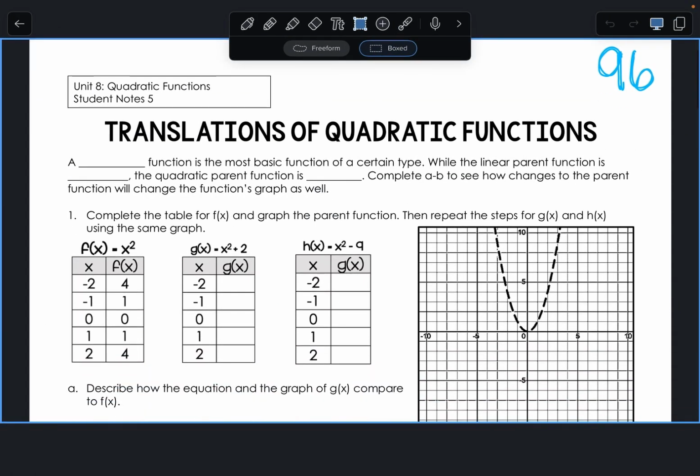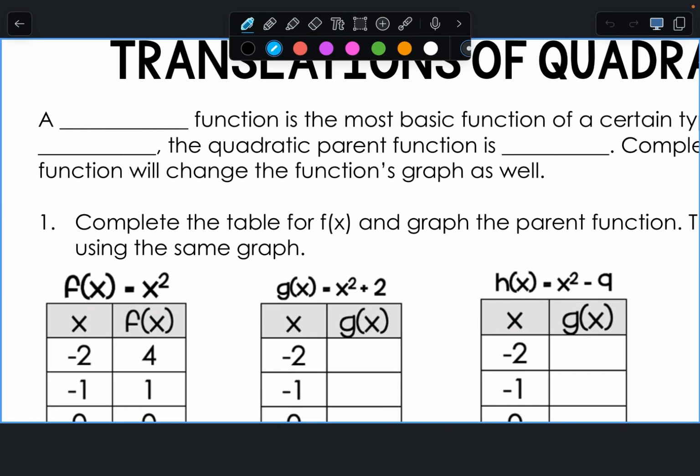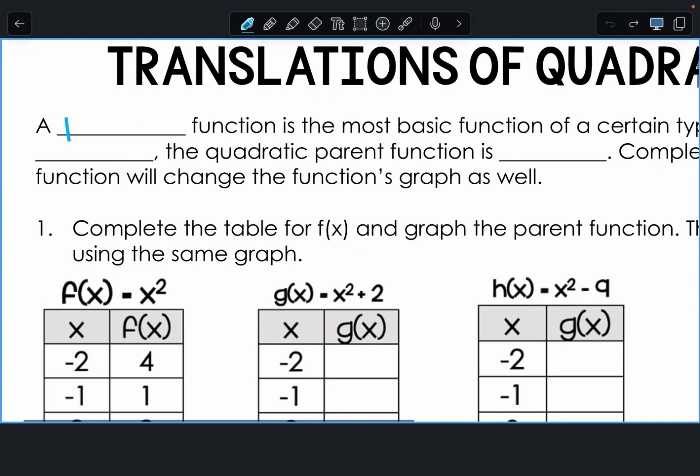All right. So anyway, a parent function is the most basic function. Because we have worked with linear translations, and they write it in function notation form, like g of x, h of x, we are going to continue practicing how to write it in function form. Starting off with the parent function, remember, your parent function is your starting point.